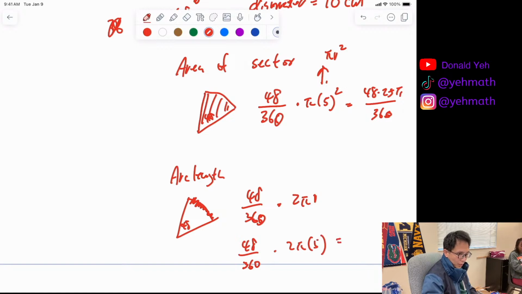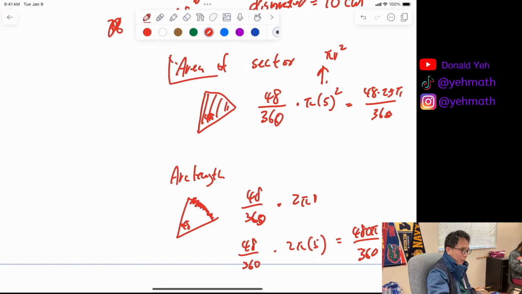So it'll be 10 pi, so 480 pi over 360. And that will be 4 over 3 pi. Okay, so that will be the arc length.